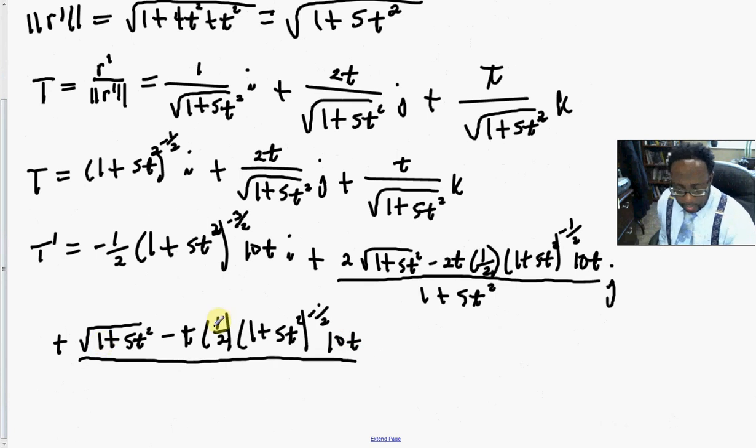And that is all over the denominator squared, so we just get 1 plus 5t squared. Okay.